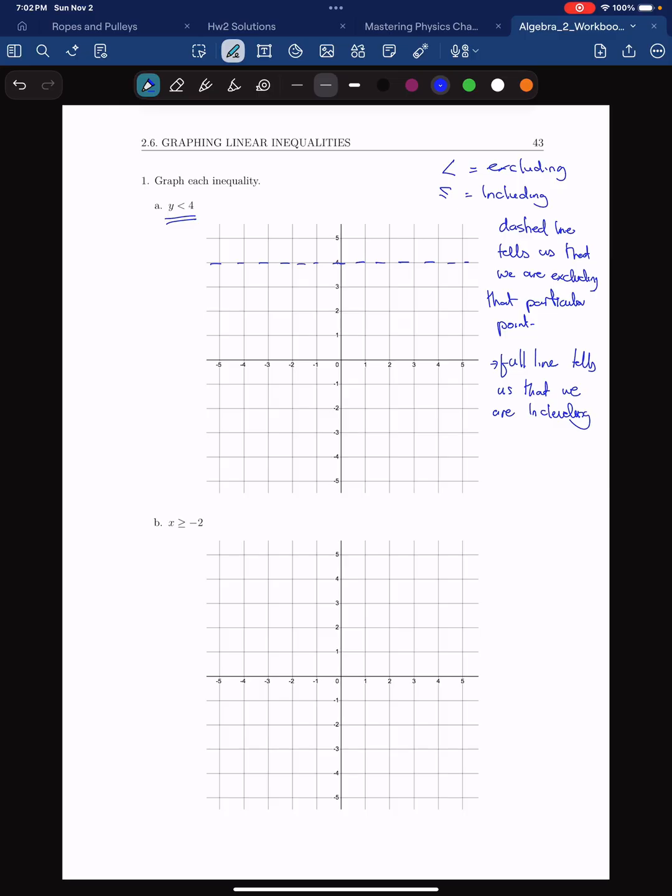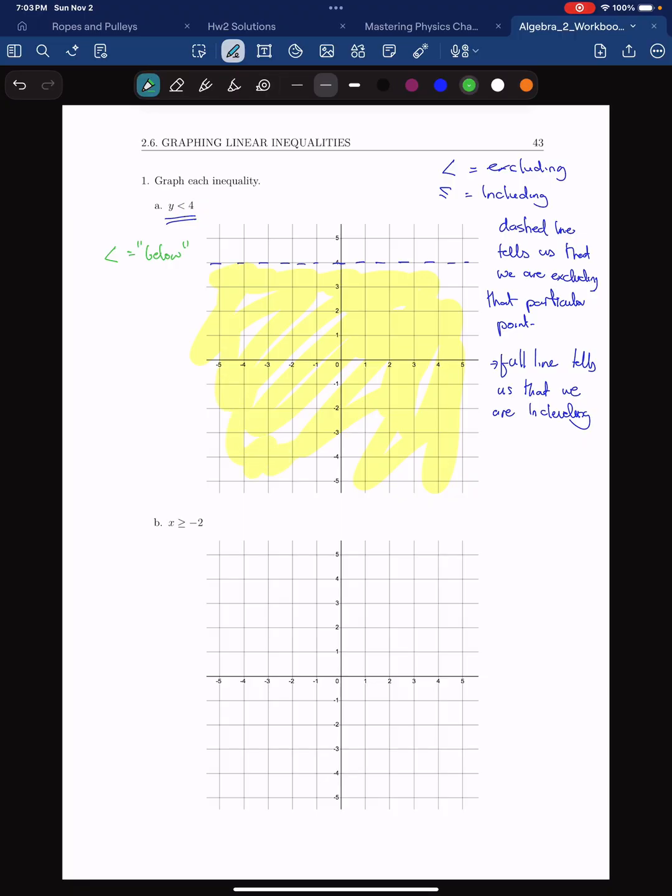So we're given this inequality right here. Notice you have to be careful with your nomenclature. It's very easy to call it an equation, but it's not an equation, it's an inequality. The points that satisfy this solution are all y values that are below, because we're less than. If you see less than, it just means below. So everything below y equals 4. If I plug in any y value here, this inequality will be satisfied.